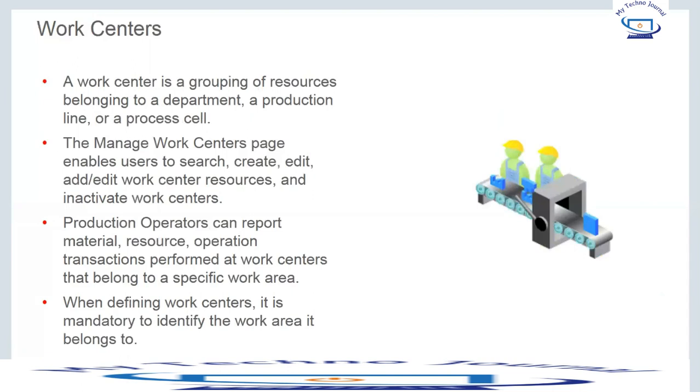Production operators can report material, resource, and operation transactions performed at the work center. You can define and edit work centers, and within the page you can even search them. So these are the three basic things from the setup perspective once you have completed the plant parameters: the work centers, the work areas, and the resources.